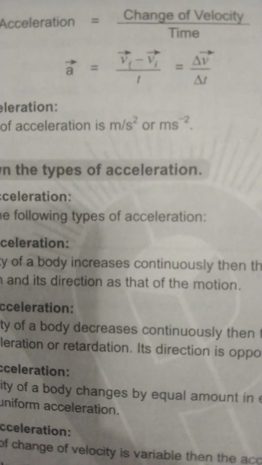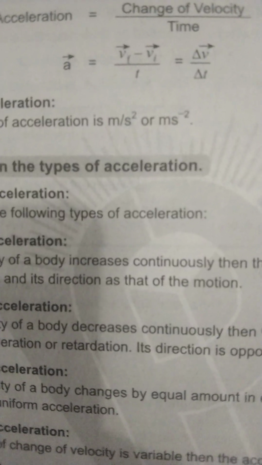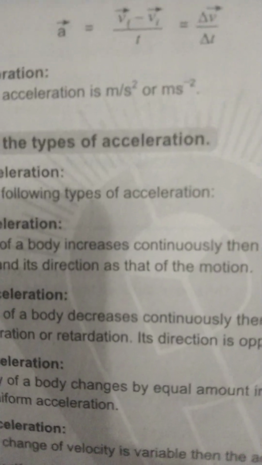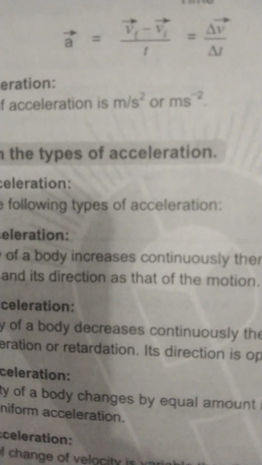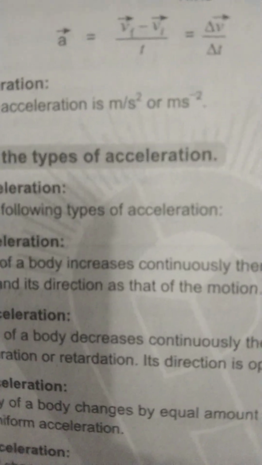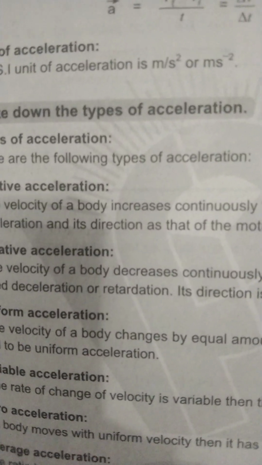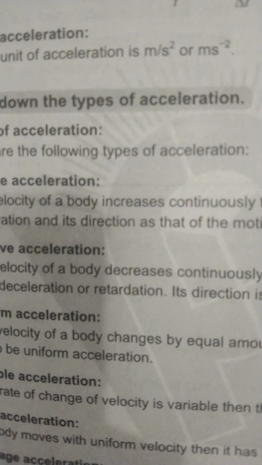A is equal to Vf minus Vi upon t, or you can say delta v upon delta t. This arrow shows that it has some direction. It is a vector quantity. The SI unit of acceleration is meter per second square.